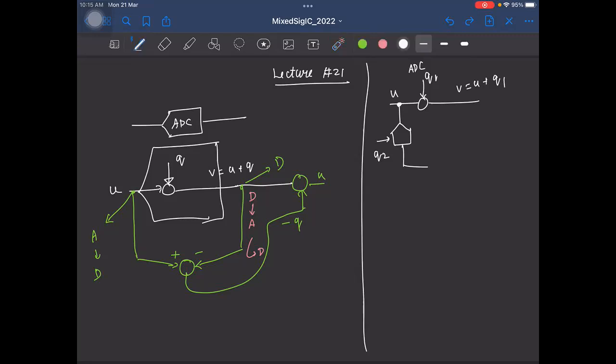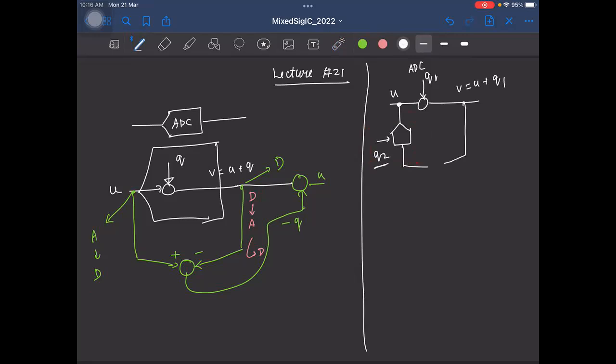So as you mentioned, again here we need to either convert this to digital, or this has to be converted to analog and digital. So first I'm exploring this option where I'm converting this analog to digital. So for that I'm adding an ADC here. And of course this ADC will add its own quantization noise here, right?